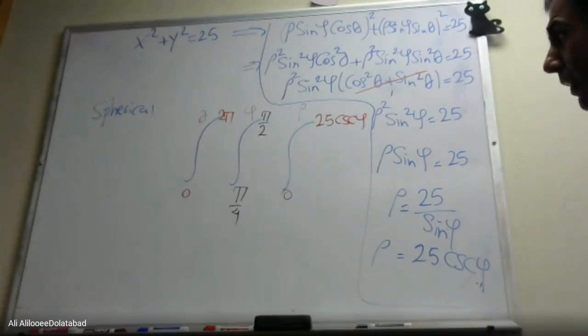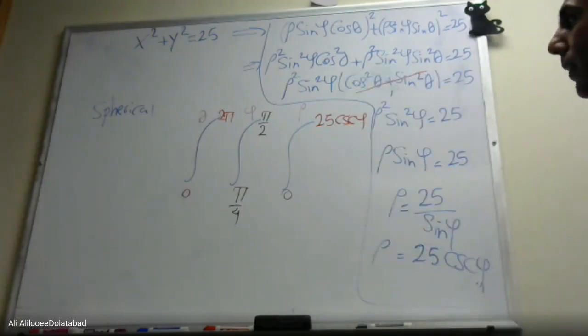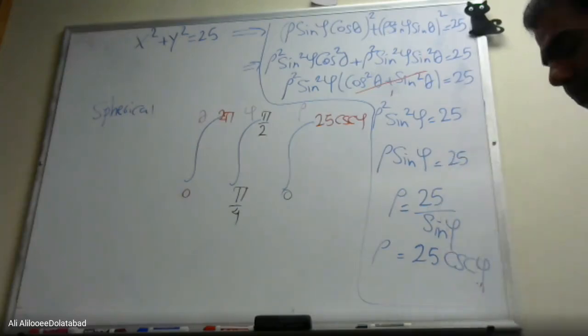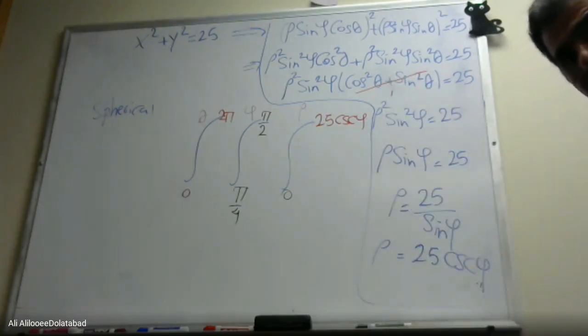But for the bounds on rho and phi, you need to use other techniques. For phi it was just easy geometry, and here it is easy trigonometry. So we use a trig formula and do this. Any question?